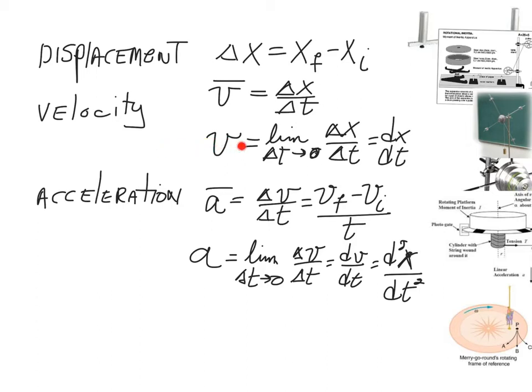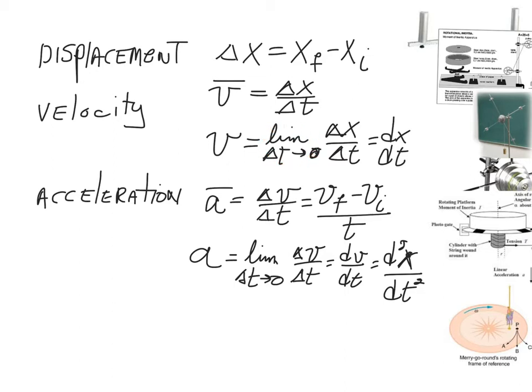So the way we define instantaneous velocity, this is important. We define it by taking an average velocity over a very small interval. This is a mathematical way of saying that in order to get the velocity at a particular instant, that distance over time interval has to be as small as possible.